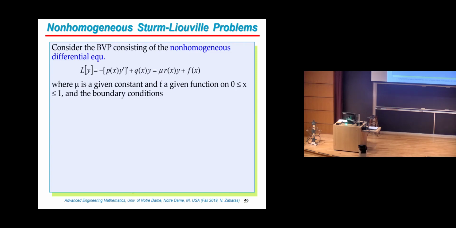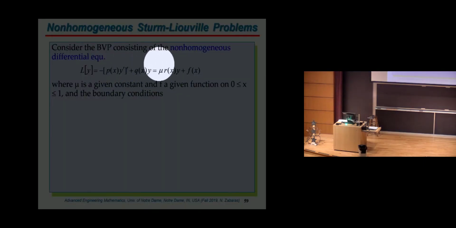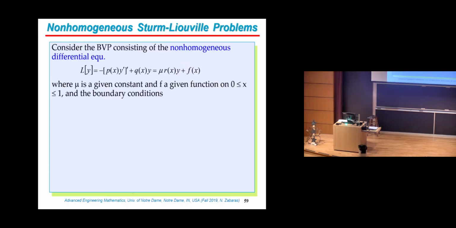So what I'm going to give you, so we are not lost with algebra, is the simple idea, because the rest is really algebra. The simple idea is if somehow we can solve the homogeneous problem, without f of x, then we should be able to express the solution y to this non-homogeneous problem in a series expansion using the eigenfunctions of the homogeneous problem.